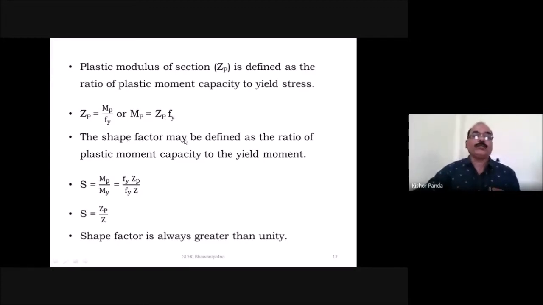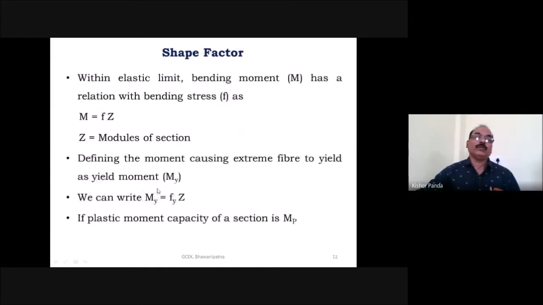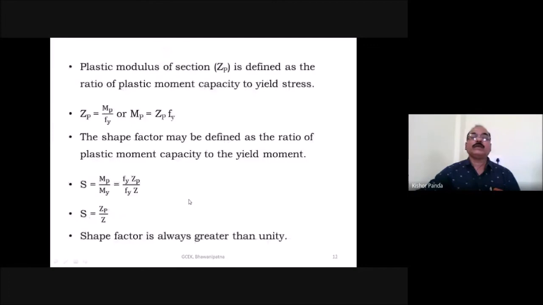The shape factor. So what is the definition of shape factor? The shape factor may be defined as the ratio of plastic moment capacity to yield moment. In plastic theory, the plastic moment capacity MP is Zp into Fy. In elastic theory, the yield moment My is equal to Fy into Z, where Z is the section modulus and Zp is the plastic section modulus.